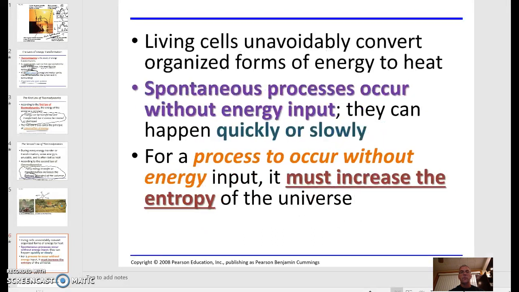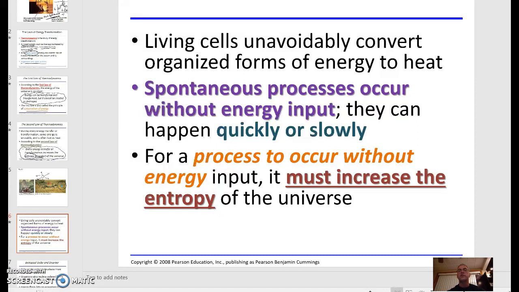Now, one of the things that we find is a lot of people look at it and they say, well, cells are very ordered. Living things are ordered. And that's true. The concept of entropy is that you can have individual components of the universe, that would be living things or cells, that actually become more ordered as long as the total sum of all the processes that are needed in order to make that change lead to greater entropy in the universe.